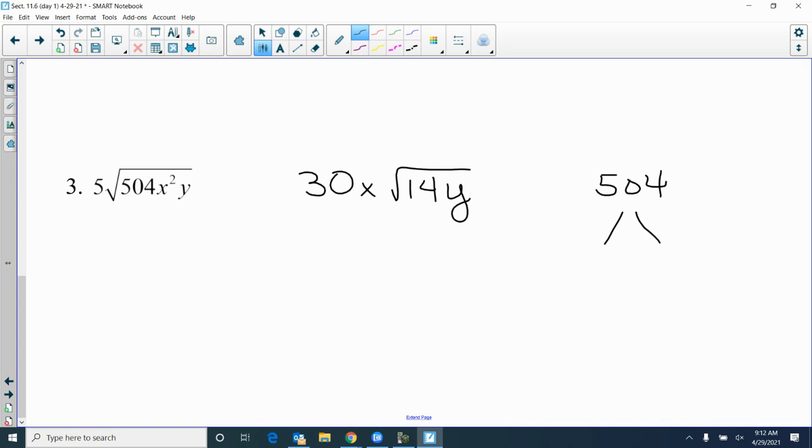What multiplies to 504? 24 and 21. 9 and 56. Or is it five?